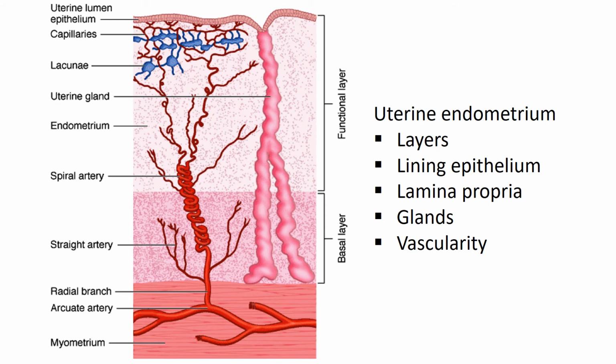They are progesterone responsive arteries which proliferate under the influence of progesterone and form surface lacunae, blood-filled spaces, which are drained by the veins. So this is highly vascular.